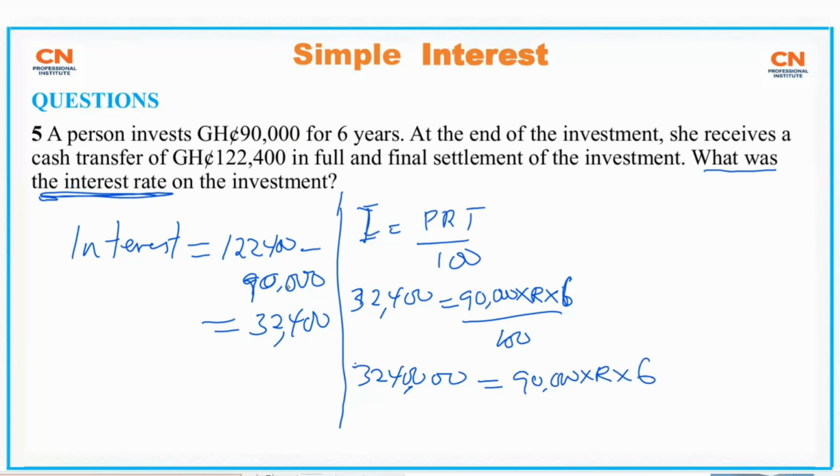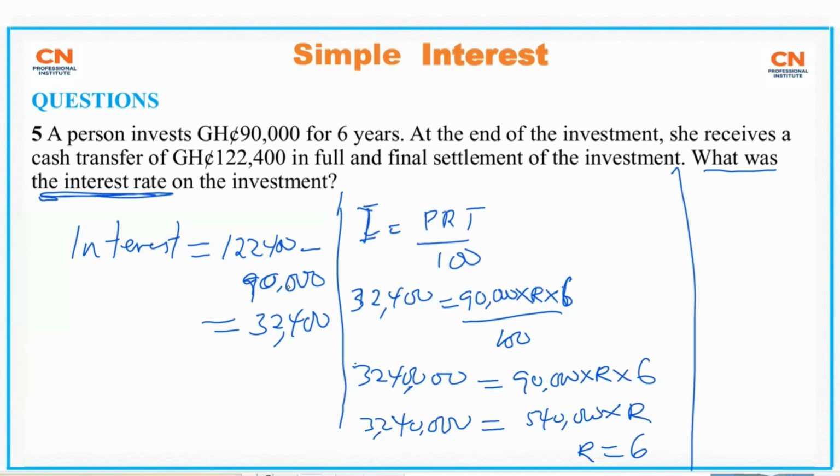So 90,000 by 6 is giving me 540,000 times R. So to get R, I'll divide 3,240,000 by 540,000, and then my R is equal to 6. Are you following? So this is the percent, straightforward.